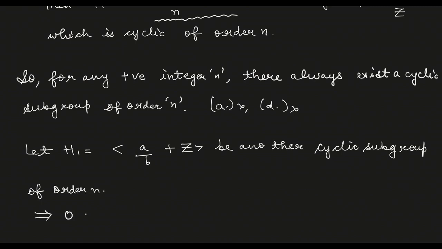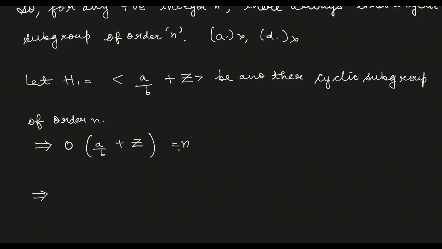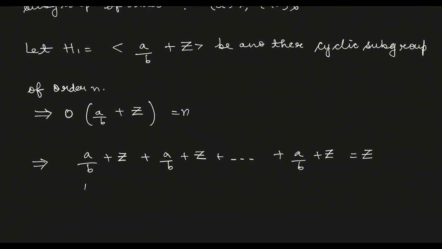This means that the order of a by b plus Z is n. So this is n because a by b plus Z added up to n times is equal to Z.